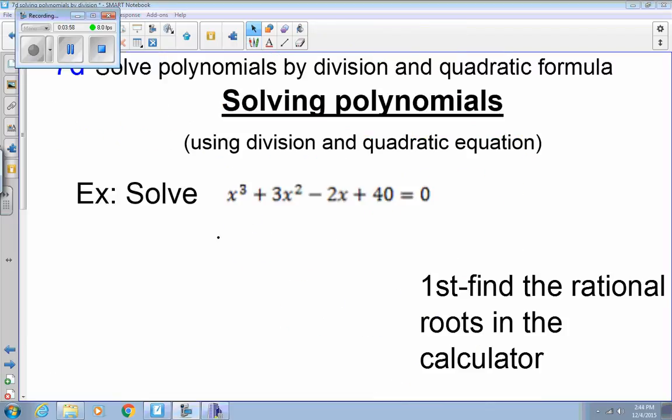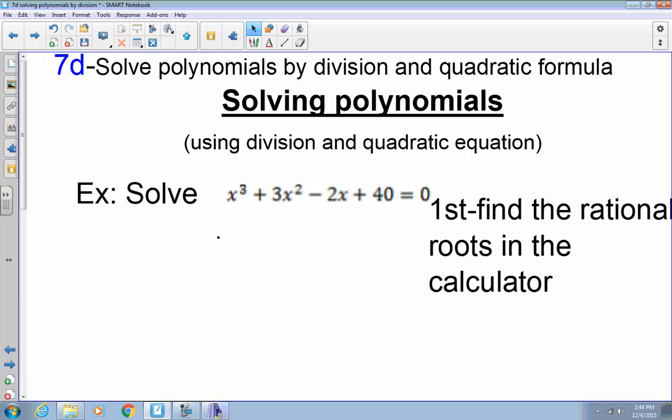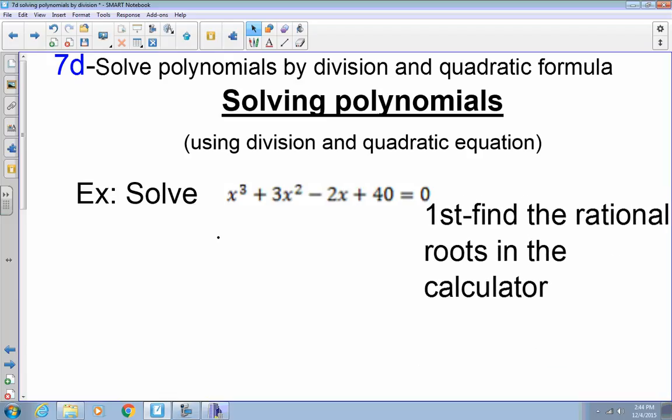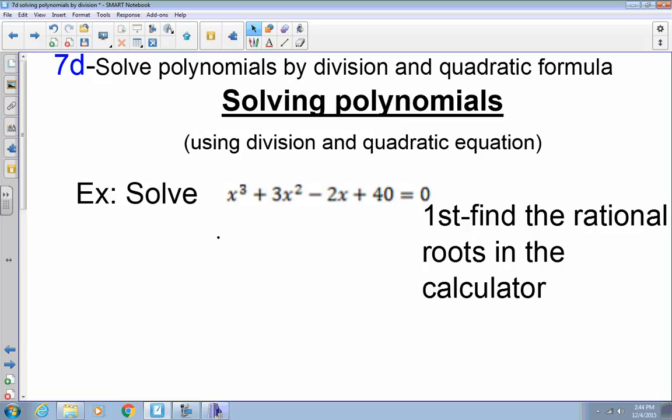Okay, so the actual 7D is to solve polynomials by division and the quadratic formula. First, you're going to get an example like this. It's going to ask you to solve x to the third plus 3x squared minus 2x plus 40 equals 0. First thing you have to do is find the rational roots in the calculator.